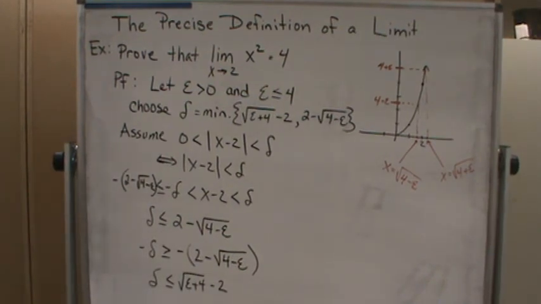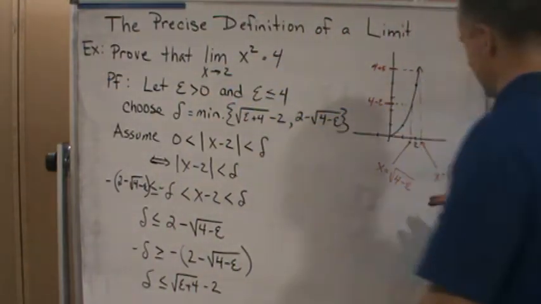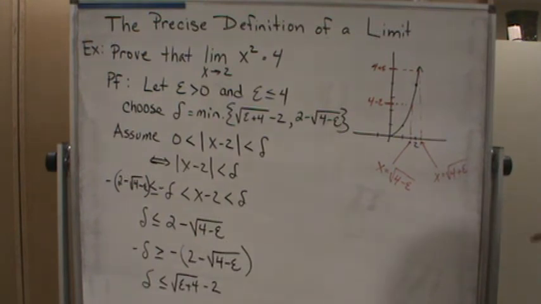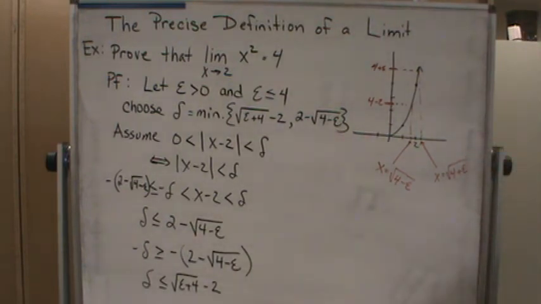Well, let's look at the graph here. If we look at the graph, these distances here are not symmetric. And so, in this case here, the one that goes with the shorter distance is the one that we want.